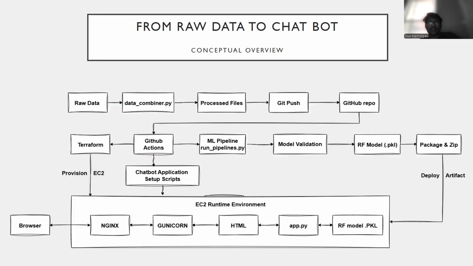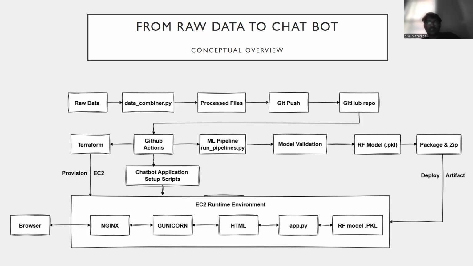And this slide talks about the flow from the collection of the data set to the final deployment of the chatbot application on the EC2 instance. So here the raw data is the data which was downloaded onto the local machine, and this script combines all the different data files available in different CSV files and places them in a staging area.